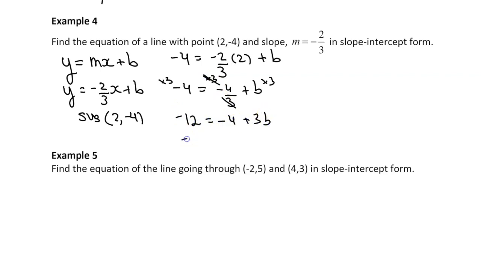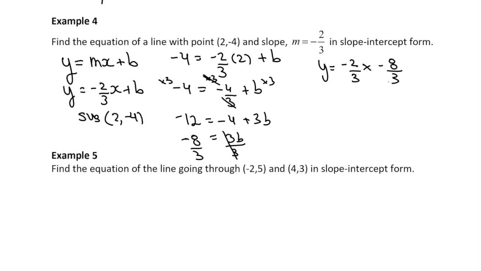Add 4 onto the other side, so you get -8 equals 3b, divided by 3, and b is equal to -8/3. And so then you could say y equals -2/3 x minus 8/3, meaning we have a y-intercept of -8/3.